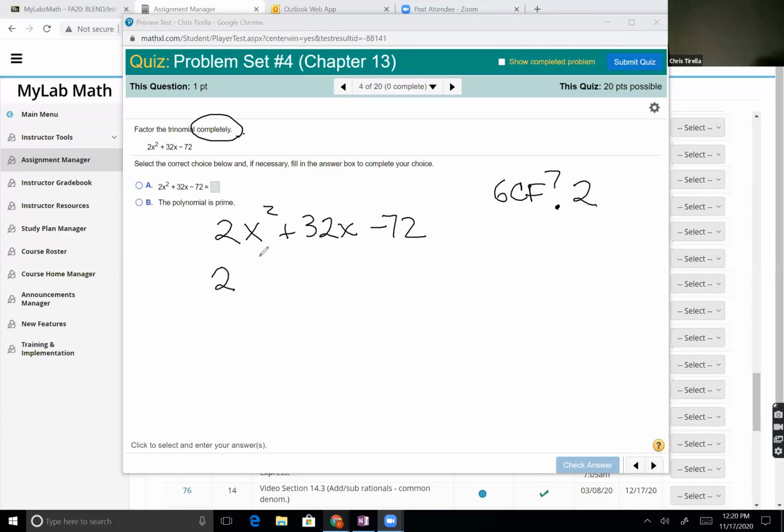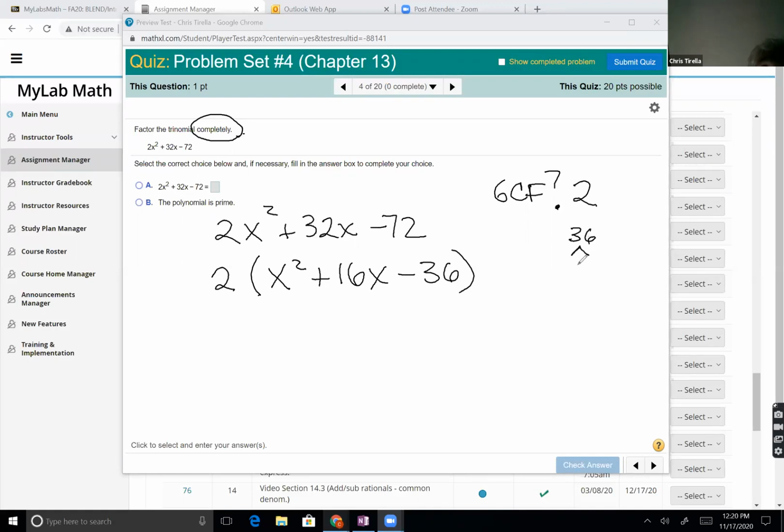When I divide out that 2, I'm left with x squared plus 16x minus 36. And now I'm wondering, can I find factors of 36 with different signs that'll give me 16?